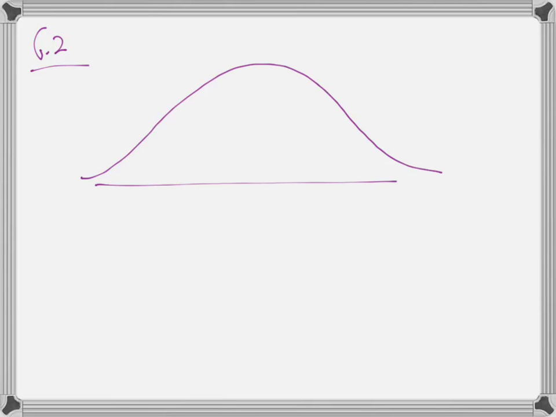Okay, 6.2. And I said, there's two kinds of questions they're going to ask us, right? Things on the bottom line, we use the inverse norm. Is that what it's called, inverse norm? And things that we find up here, percentages, we use normal CDF.